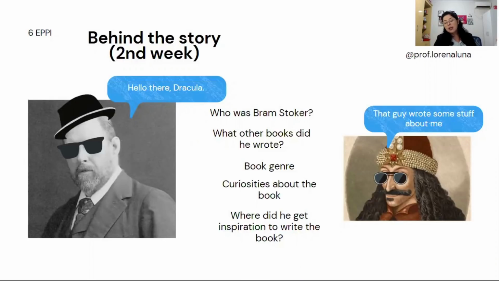Curiosities about the book, about the story itself, about the author, and where he got inspiration to write this book, okay? In this case, this is Vlad Tepes. He was the inspiration for Bram Stoker to write the book, okay? His story, okay? So you can ask them to research this and summarize as well, to use in the end, in the mind map.